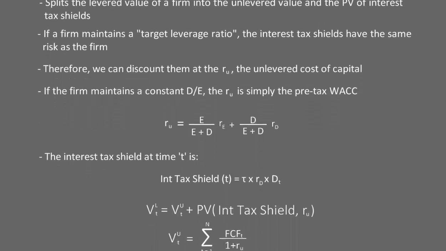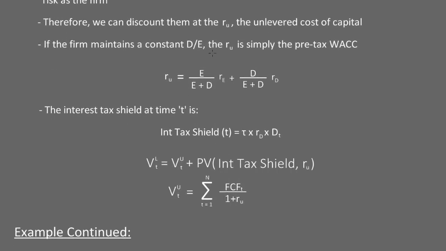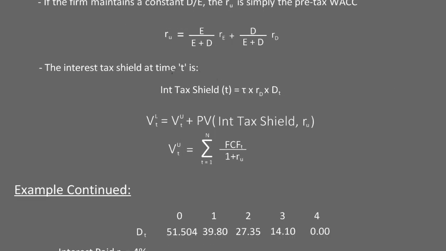So if a firm maintains a constant debt equity ratio, RU is simply the pre-tax WACC, or the weighted average of the cost of equity and the cost of debt. The interest tax shield at time t is simply tau, our tax rate, multiplied by RD, multiplied by Dt, which is our debt at time t. The levered value of the firm is the unlevered value plus this PV of interest tax shields discounted with RU. And our unlevered value is simply the present value of our free cash flows using RU.